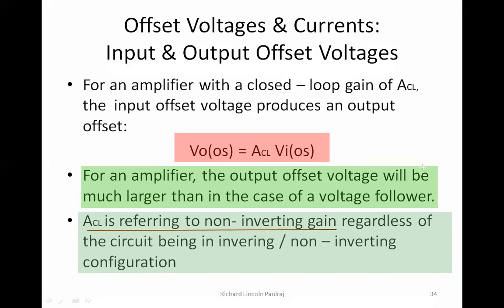It is not referring to inverting gain. It's always assuming that this gain is referring to the non-inverting configuration, not the inverting configuration. Is that clear, students? Yes, sir. Any doubts here? No, sir, no doubts.